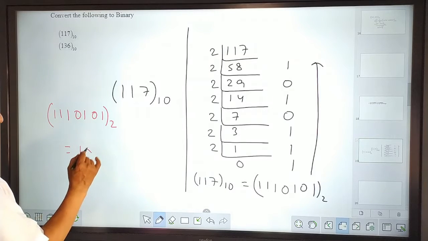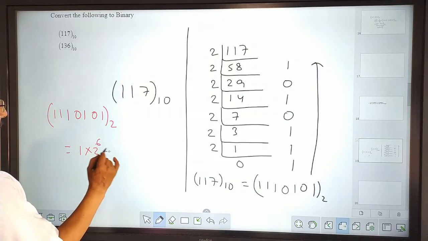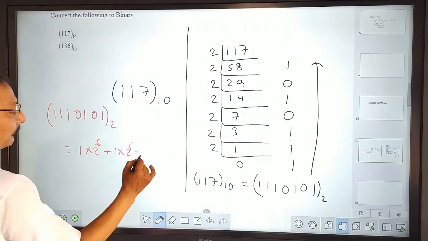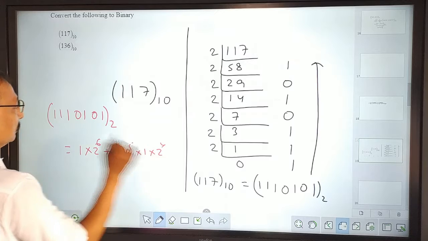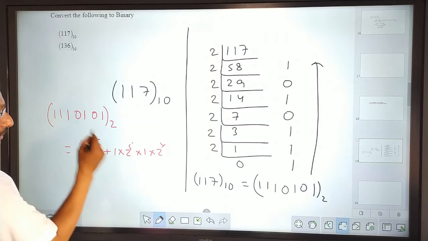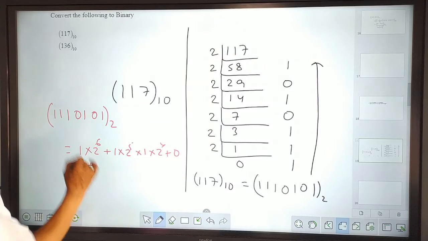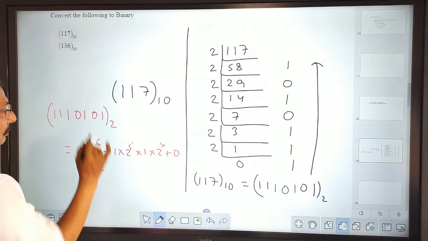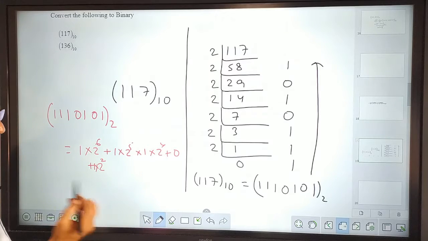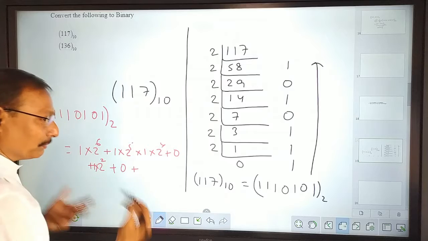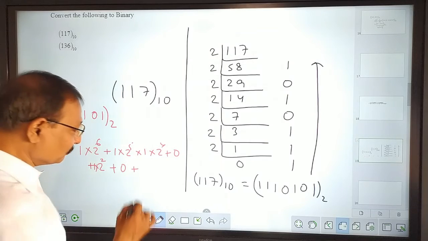So this one is multiplied by 2 to the power 6, and this one by power 5, this one 4, this one by 2 to the power 3. That will be equal to 0, and 1 into 2 to the power 2, and 2 to the power 1 will be 0, and 1 is multiplied by 2 to the power 0, that is equal to 1.